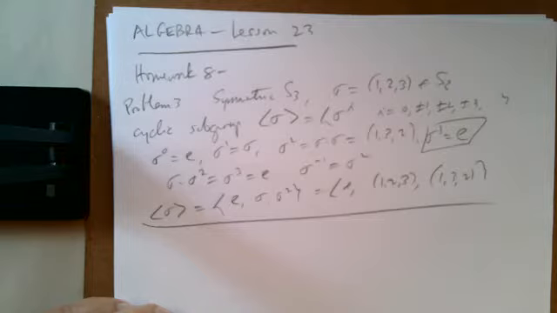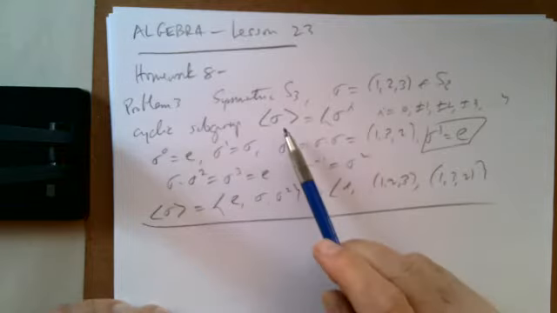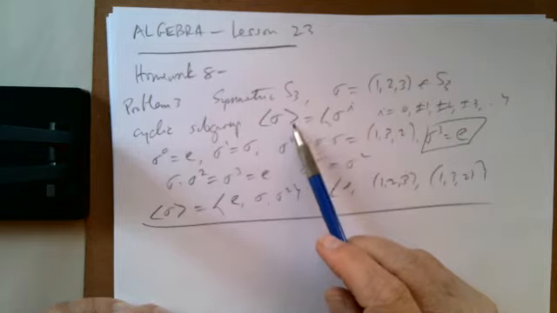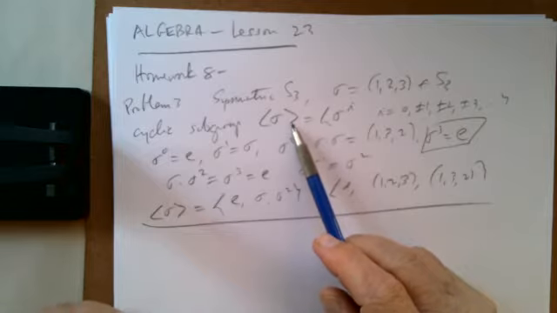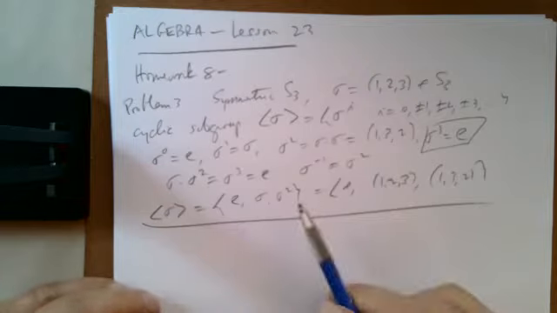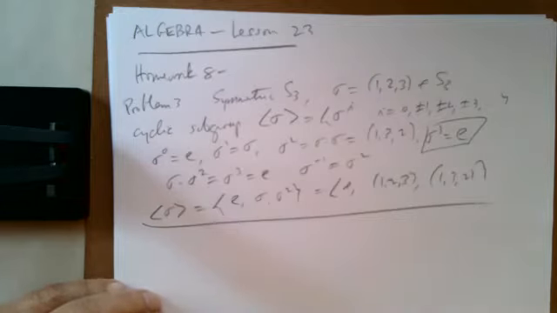Okay. So this is a basic construction in group theory. You have a group, you take any element in the group, x, you look at all the positive and negative powers of x, that forms a subgroup, and it's called the cyclic subgroup generated by x, and it can be finite or it can be infinite, and in this case, it's finite.